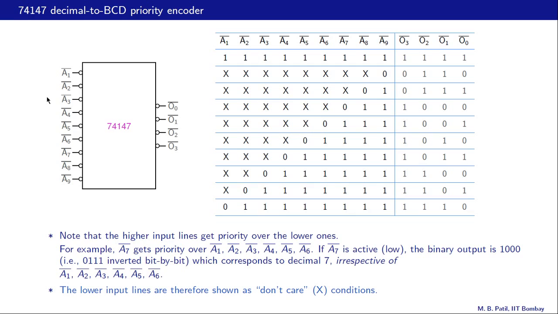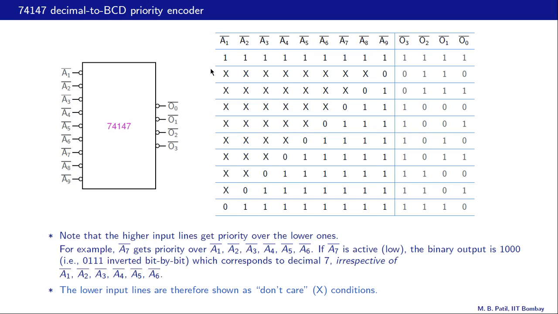Here is the 74147 decimal to BCD priority encoder. We have 9 input pins, A1 bar, A2 bar up to A9 bar, and these are active low as indicated by these circles. We have 4 output pins, O0 bar, O1 bar, O2 bar, O3 bar, and these are also active low.